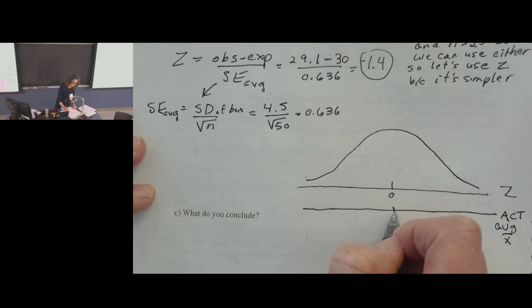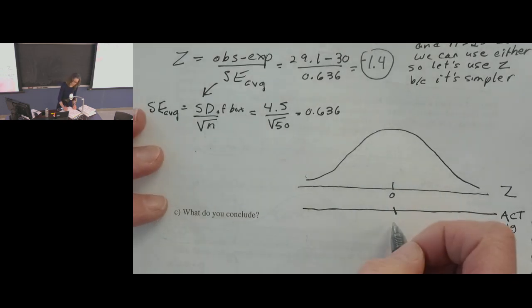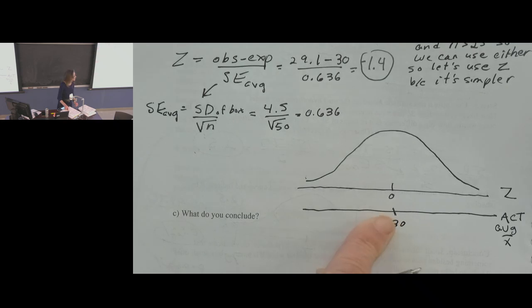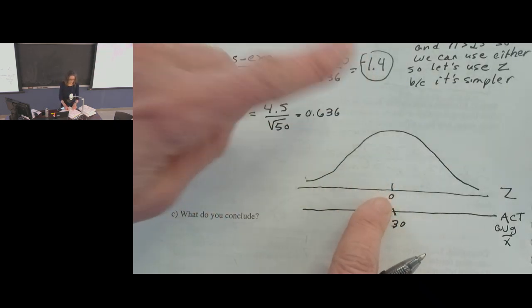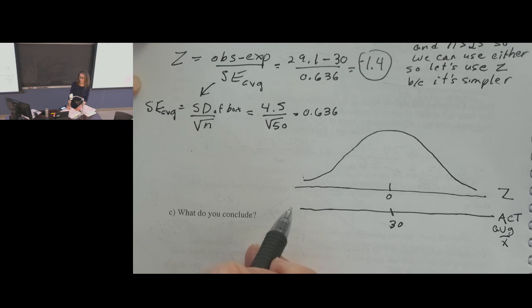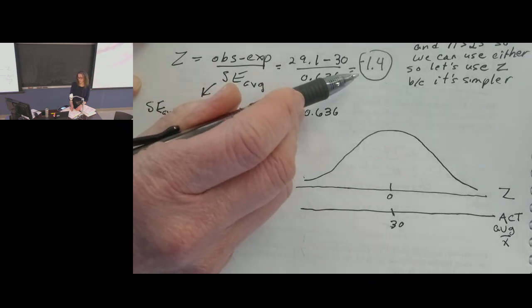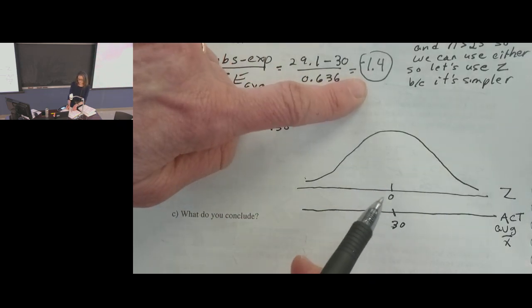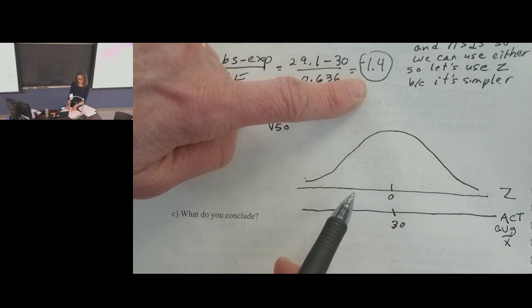We'd expect mu, we'd expect 30. Now we got 29.1, and what that z-score tells us is how weird it is. Like it's only 0.9. You think, oh, probably wouldn't be that unusual. Well, where is it on here? Well, this tells you it's negative 1.4 in standard units.